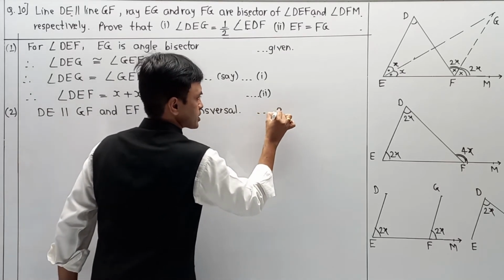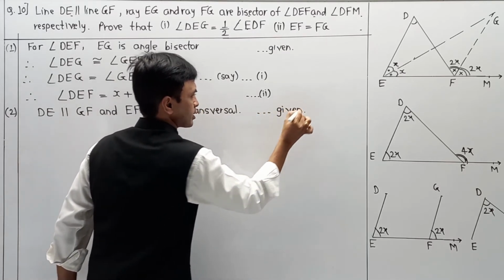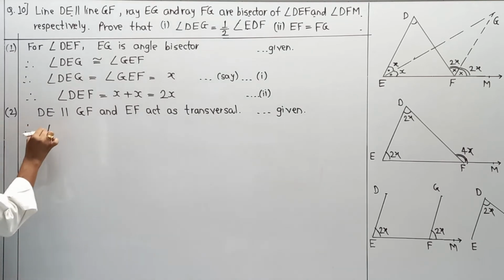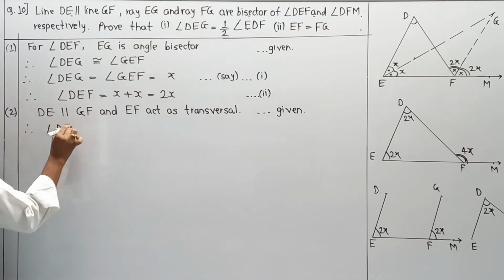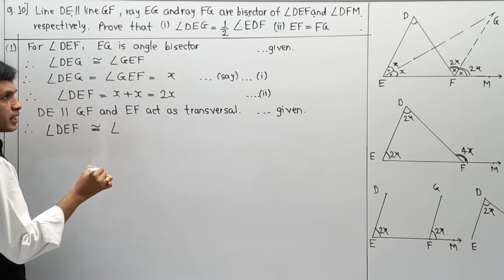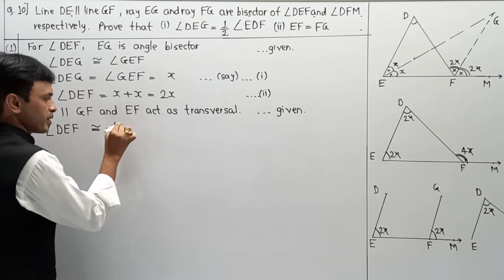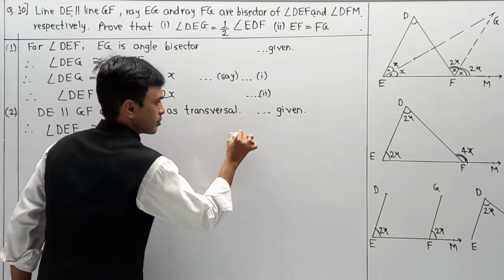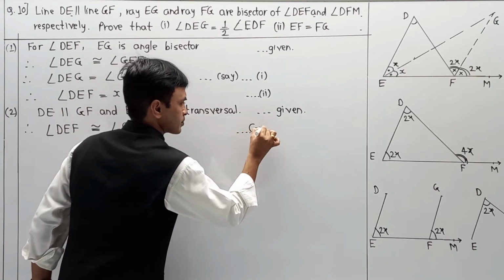It is given to us, so I am going to write it as given. Therefore angle DEF is congruent to angle GFM, and the reason becomes corresponding angles.